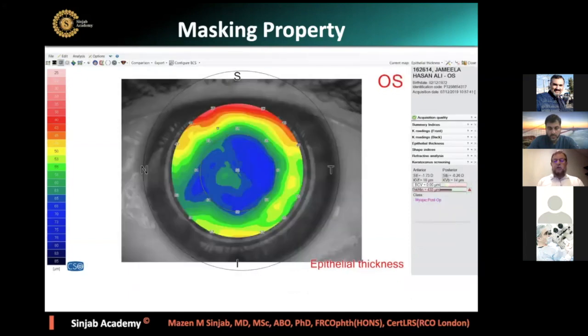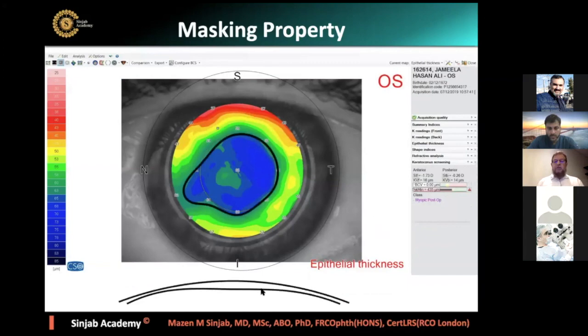Now, this is a case of post-myopia treatment. And as you see, because it is post-myopia treatment and the stroma has been ablated in the center, the stroma is flat in the center and steep at the periphery because it was myopic treatment. The epithelium tries to smoothen the anterior surface of the cornea by filling the center of the cornea with this hump, this mountain of epithelium.